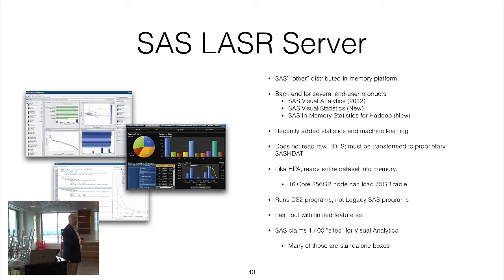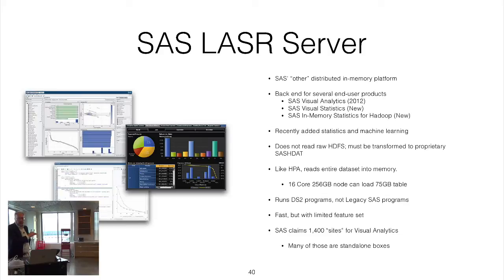And possibly one reason that SAS has two in-memory architectures is that the first one hasn't been all that successful. But there is another product called SAS LASR Server, which is the back end for a number of different products: Visual Analytics, Visual Statistics, and SAS In-Memory Statistics for Hadoop. The first one, Visual Analytics, has been around a couple of years.